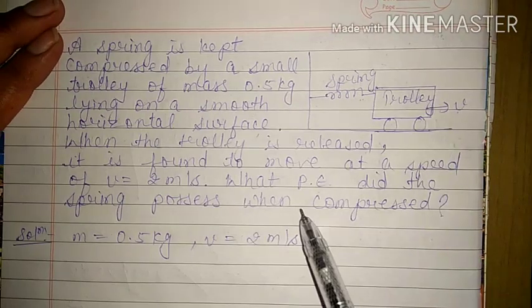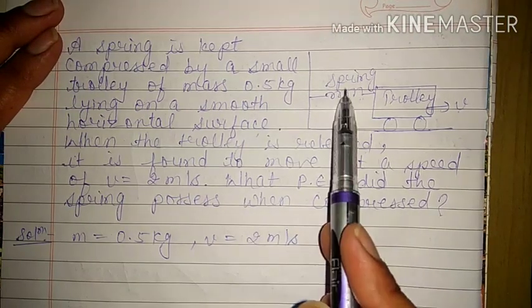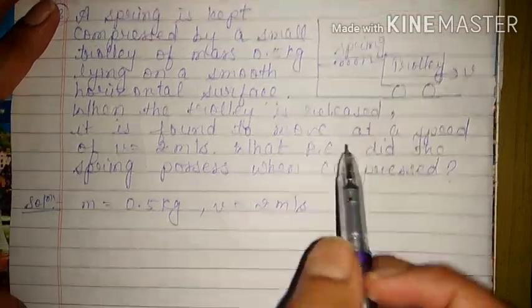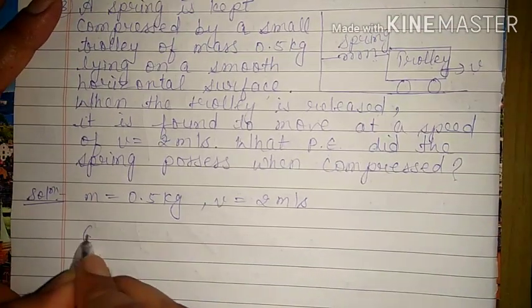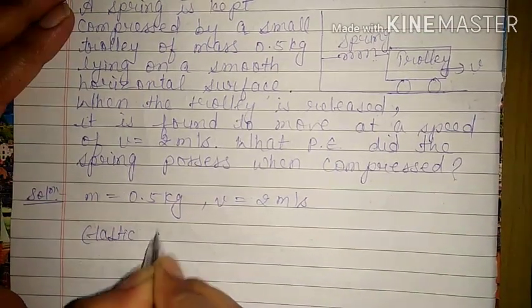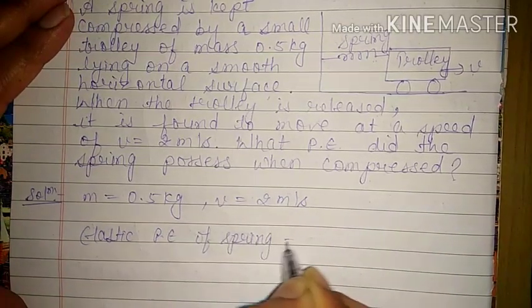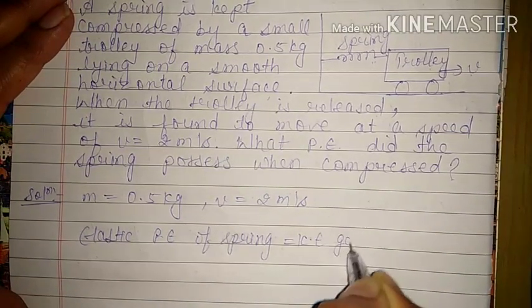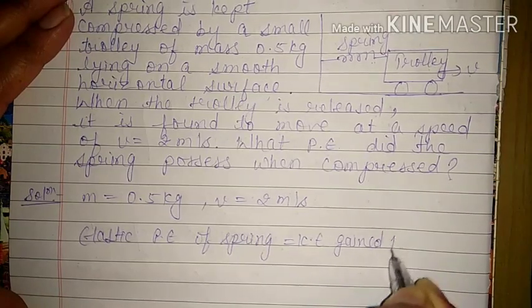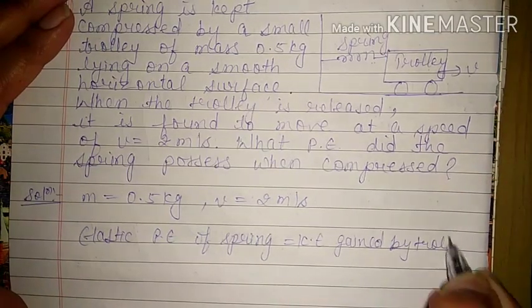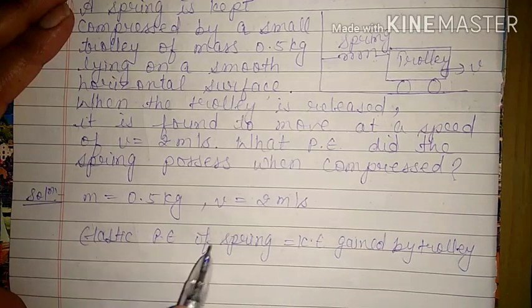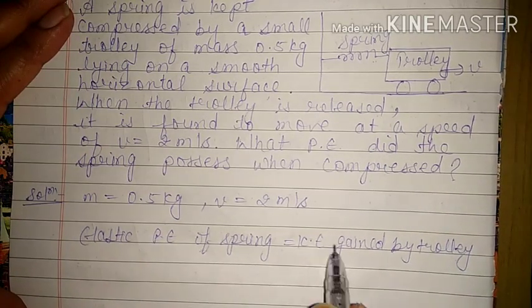So this potential energy has now been converted into kinetic energy. So we can write here: elastic potential energy of spring is equal to kinetic energy gained by trolley. Both are equal.